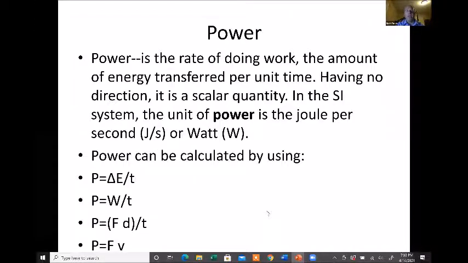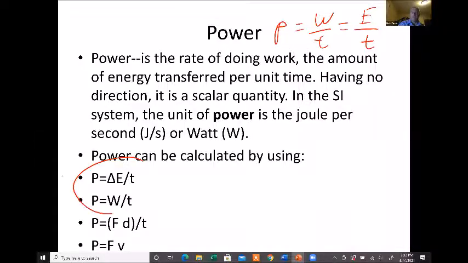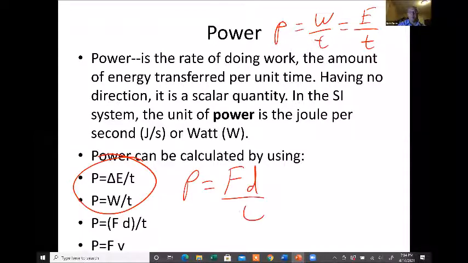So again, main equation, power is work over time, which really is just another way of saying energy transfer per unit of time. So these two really say the same thing. Remember though that work is force times distance. So we could rewrite this instead of work over time, as force times distance over time.